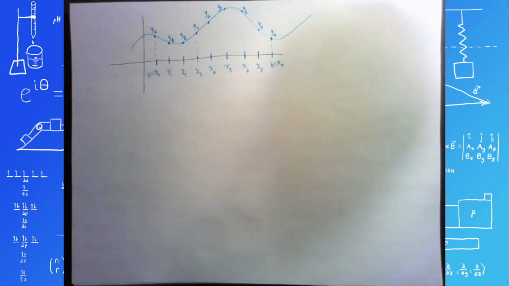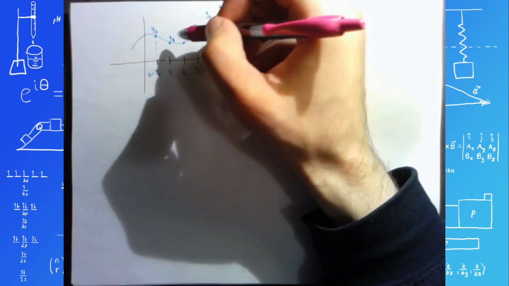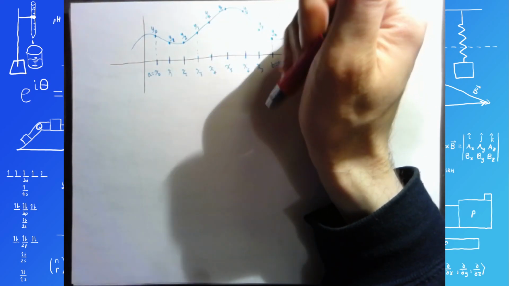Okay, so now we're going to approximate the area under this curve by slicing it into a bunch of areas under parabolas.